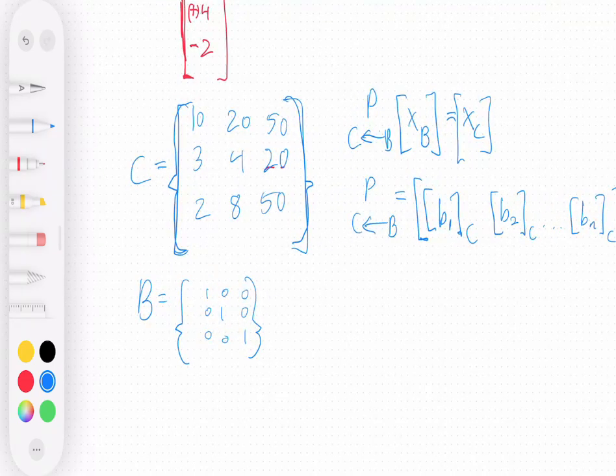If we want to go between these, we have to transform all of these into those.